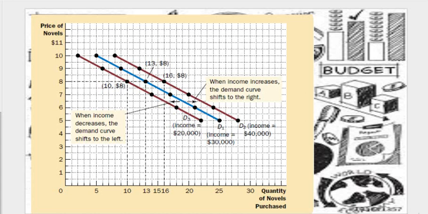That never really happens in the real world. Politicians would never like you to read more. They would like you to read less and listen to their nonsense more. But let's say there is some kind of education drive in this scenario, then even when incomes haven't really increased, the quantity demanded for novels has increased.